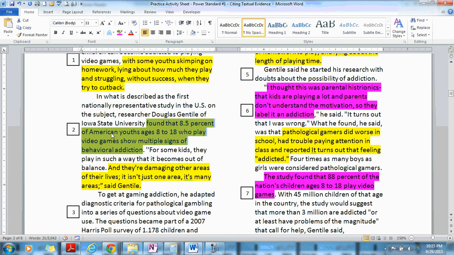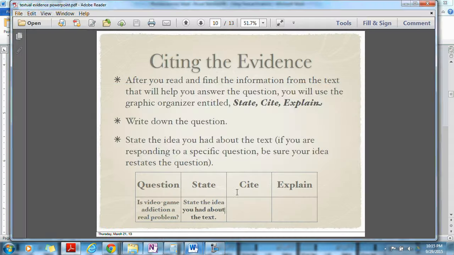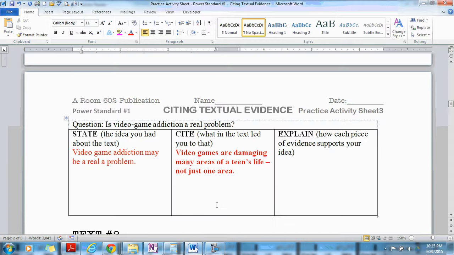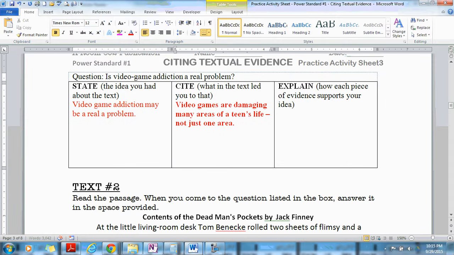Right here, 8.5% of American youth who play show multiple signs. That indicates it may not be a real problem. It's only 8.5%. So you always want to have at least two. The rule of two.